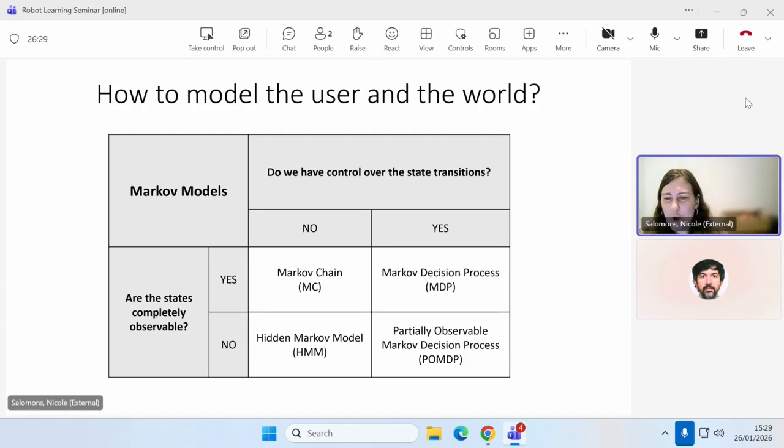We can't understand the person's preferences, right? We could ask them, they might give us one small data point, but we often want to understand the user without consistently asking them lots of questions. So that's why I mainly live in this hidden Markov model world, but I also frequently want the robot to optimize its actions for the person it's interacting with, and therefore go into the POMDP world too.